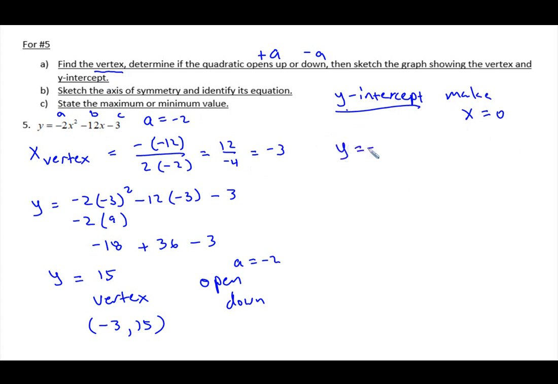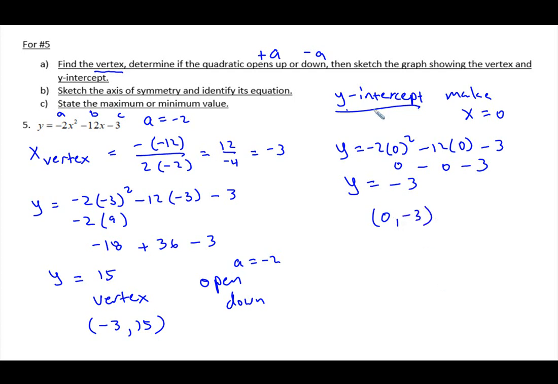So if I have y is equal to -2 times 0 squared minus 12 times 0 minus 3, well, that's easy if you work all this out. This is just 0 minus 0 minus 3, so we just get -3. So we know the y-intercept, right? So the y-intercept, the coordinates are x is 0 and y is -3.